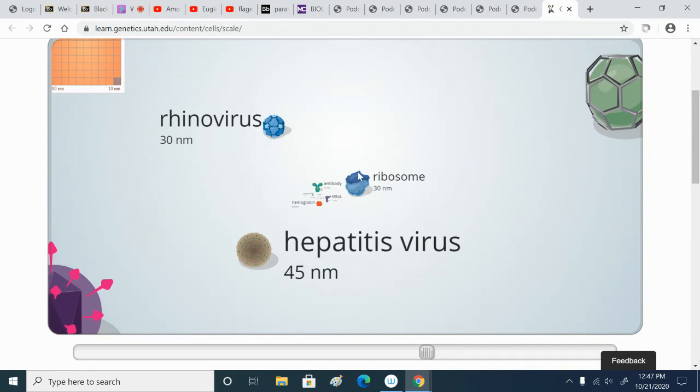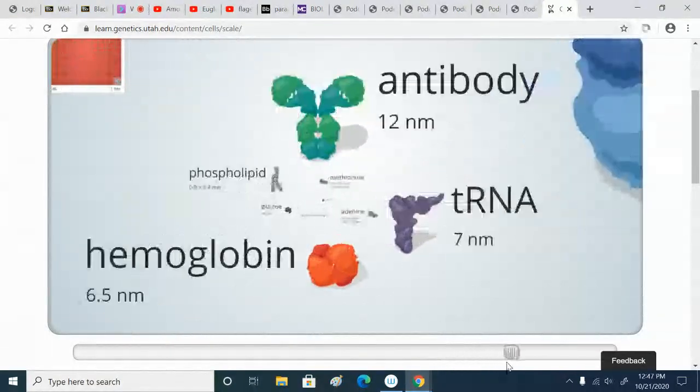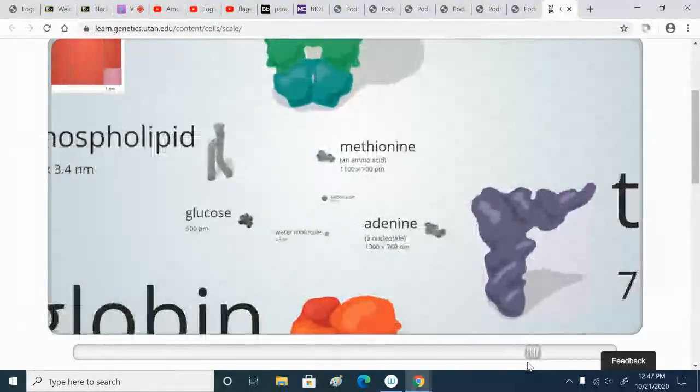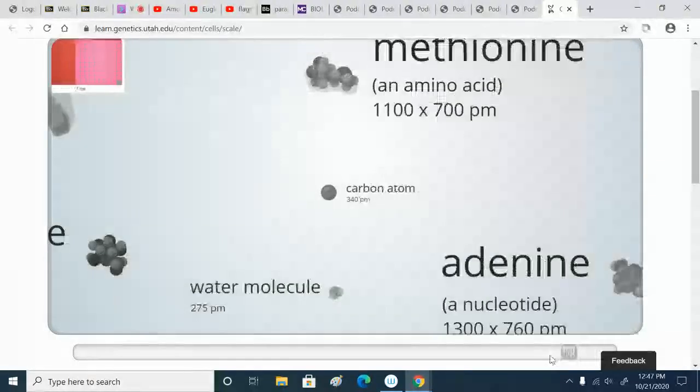So the little machine that actually translates and makes our proteins is the same size as a virus that causes colds. Zoom closer and closer: hemoglobin and transfer RNA, an antibody, phospholipids, glucose, and then a single carbon atom. So it's a nice little animation for a sense of scale.